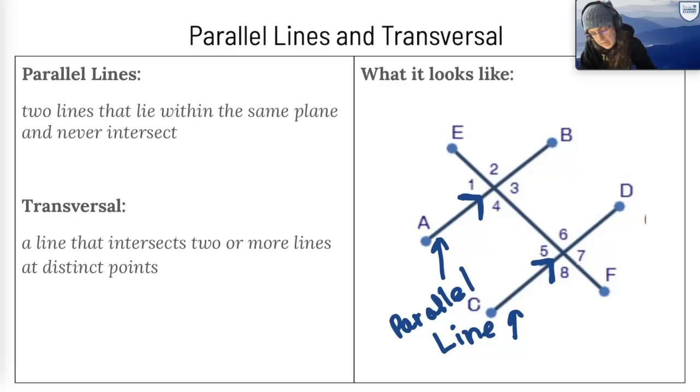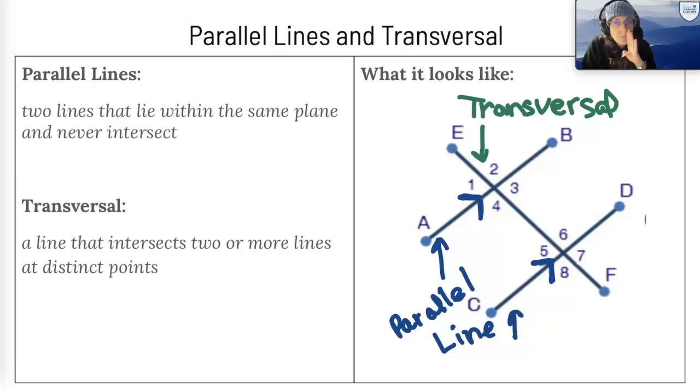This line, line EF, is called the transversal. The transversal is a line that intersects 2 or more lines at distinct points. It slices a set of parallel lines, not in half, it just slices them.